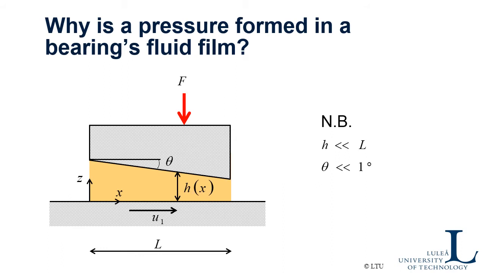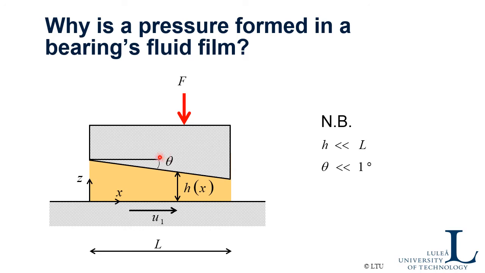As I said, the inlet is bigger than the outlet, and you should remember here that the film thickness is very much smaller than the length of the bearing. As I said, this is something like 50 micrometers, while this is 1 meter. So you see that there is a gigantic difference. But still we draw the bearing like this just to be able to illustrate things inside the oil film.